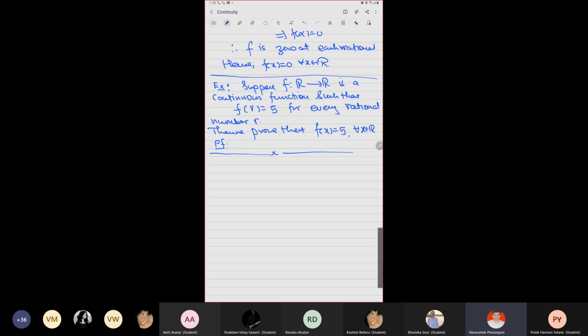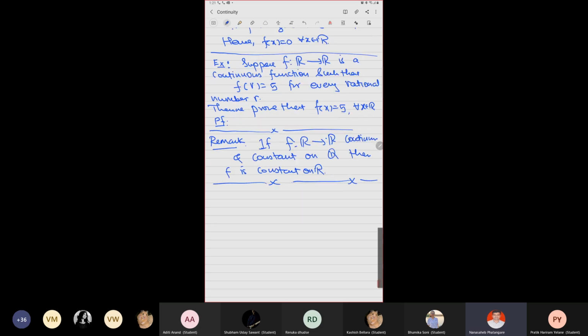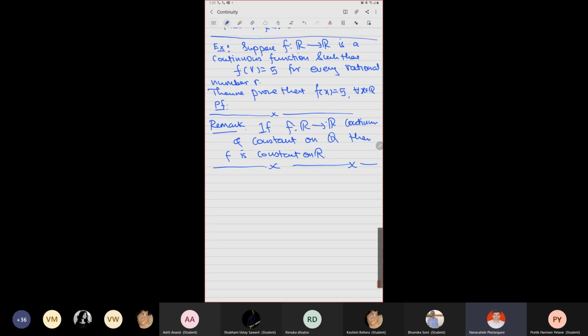So, more generally, if f is continuous and constant on Q, then f is constant on R. This is a very interesting property, and here the property of rationals plays an important role in this case.